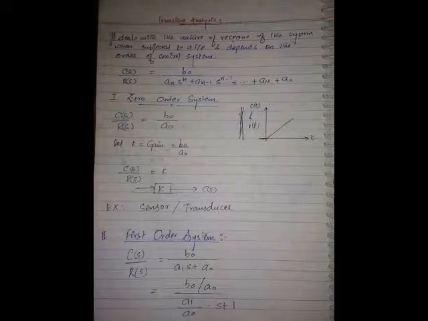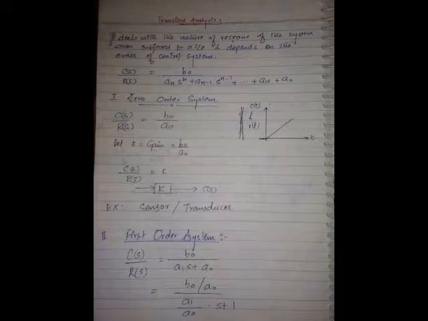With respect to this generalized transfer function, we define different orders of the systems, starting from the zero order system. The definition of a zero order system is if all the terms except a0 and b0 are 0 in this general transfer function.